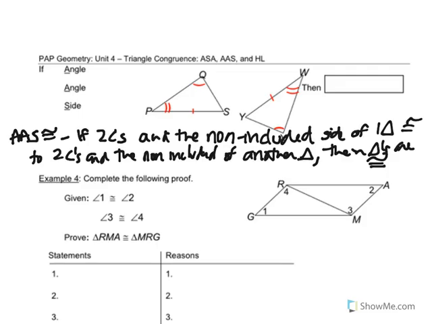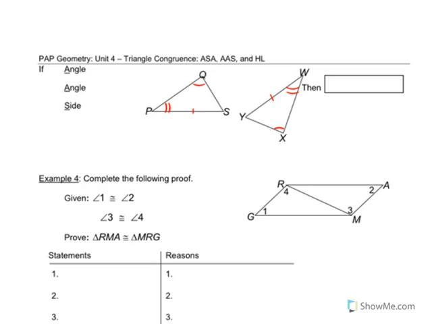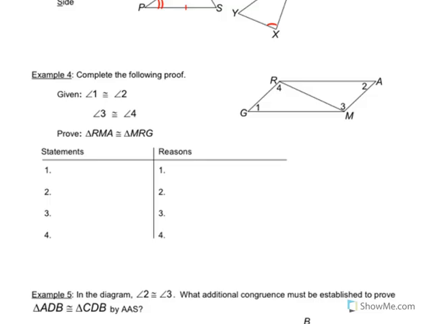So let's look at the example. Look at example 4, complete the following proof. I think you can try that on your own. You can hit pause. I'll get you started. Look, I'll help you out.